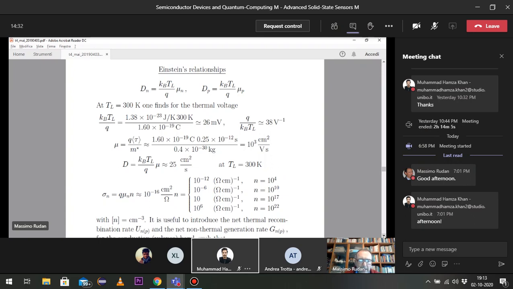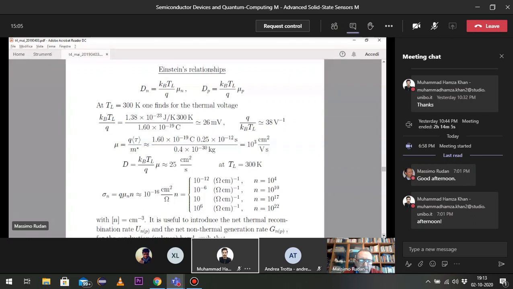Assume that we are at room temperature, so we take TL equal to 300 Kelvin. By the way, the temperature is called T sub L because L stands for lattice. It's the temperature of the crystal lattice, okay? So if you take TL equal to 300 Kelvin, then you have kT over Q calculated.